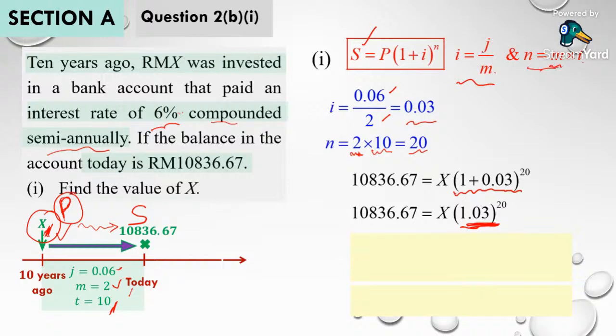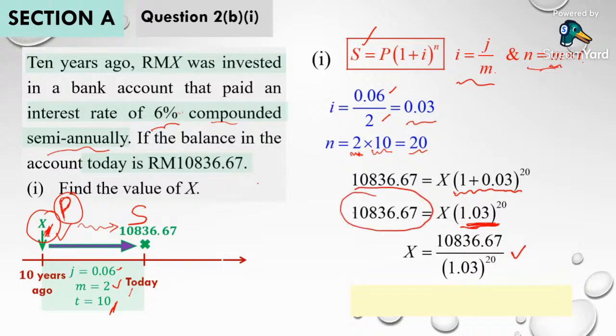However, in the answer scheme today, I don't do so. I just have it in this form here, where I divide the term on the left, 10836.67, by 1.03 to the power of 20, and get this form. Then only do I press the calculator for the answer. And your answer here, I suppose, is good enough to round off to 2 decimal places, because X is in RM, the Malaysian currency.